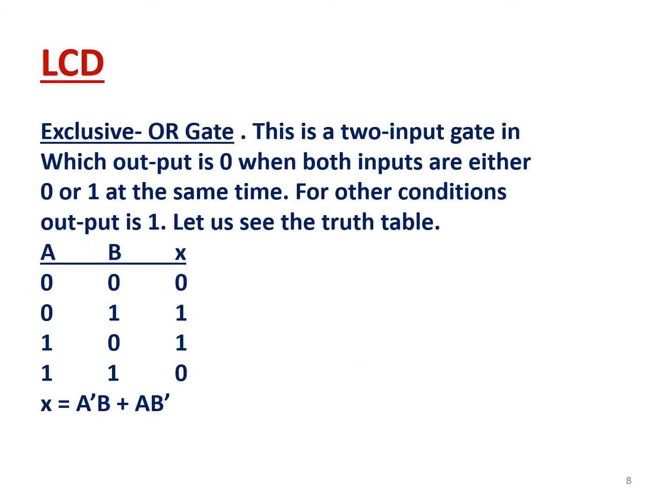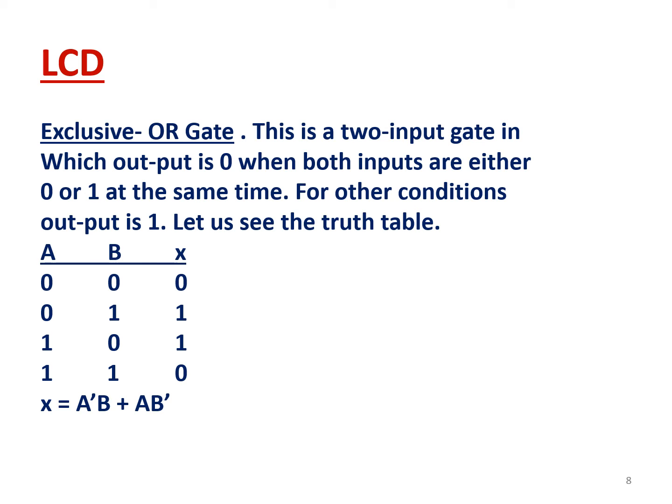Next we come to the exclusive OR gate. And what are these exclusive OR gates? This is a two input gate in which the output is 0 when both inputs are either 0 or 1 at the same time. For other conditions, the output is 1. So let's see, A, B are two variables. They are 0, 0, and obviously the output, we have said, is 0, and similarly 1, 1 and the output is 0.